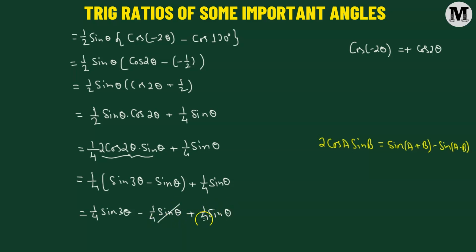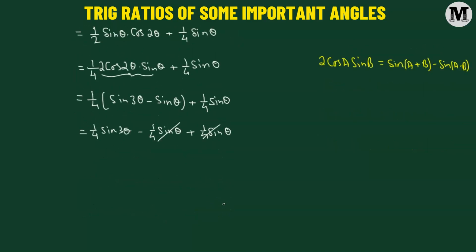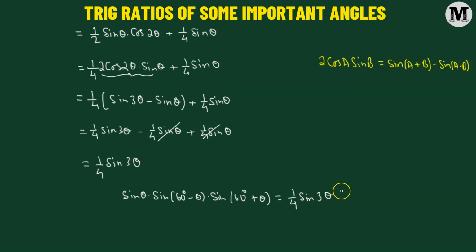So the second and the third term cancel out, and that leaves us with 1/4 times sine of angle 3 theta. Meaning we started out by computing sine of angle theta times sine of angle 60 degrees minus theta times sine of angle 60 degrees plus theta, and we obtained this value as equal to 1/4 times sine of angle 3 theta.